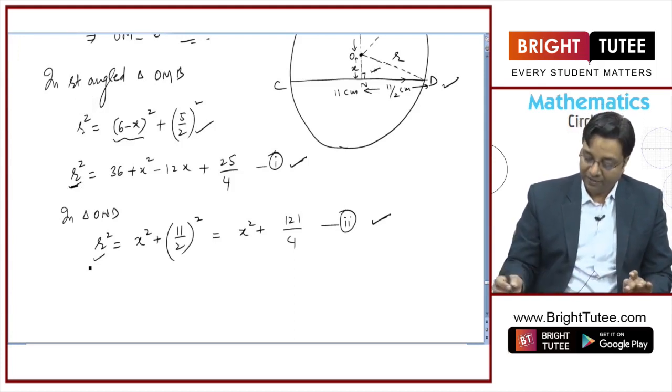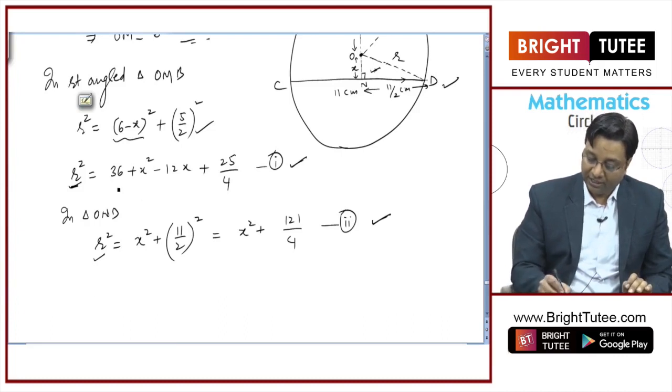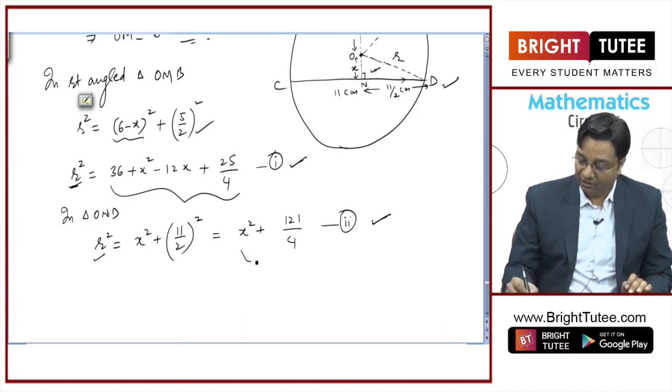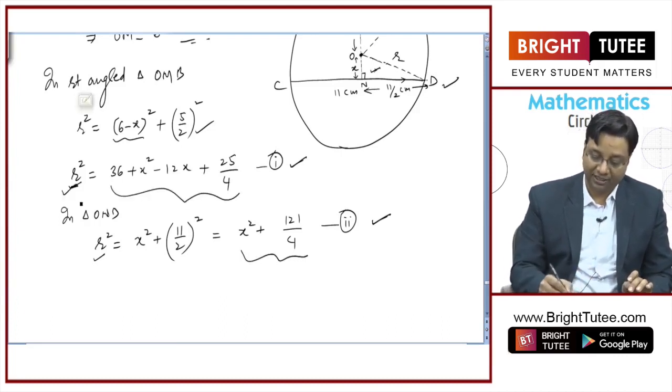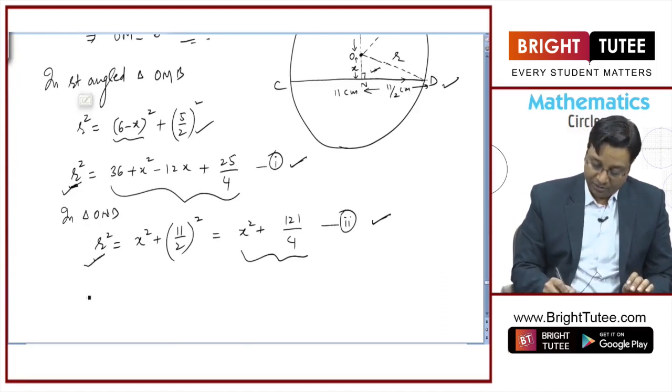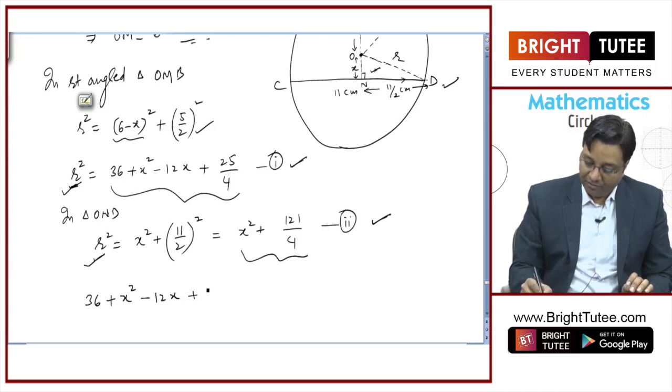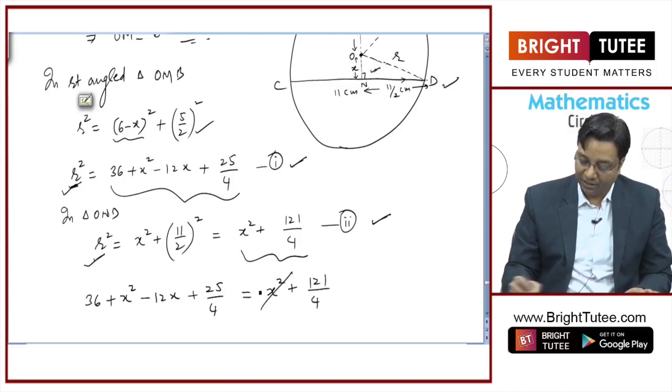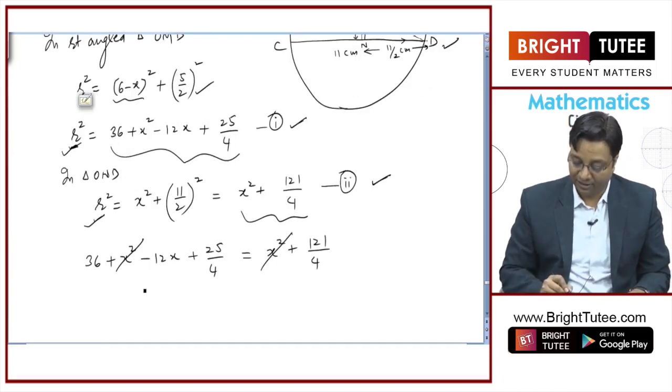So I am simply comparing these two equations. I can write this expression equal to this expression because their left hand sides are r square. So 36 plus x square minus 12x plus 25 by 4 is equal to x square plus 121 by 4. Now x square can easily be cancelled here.